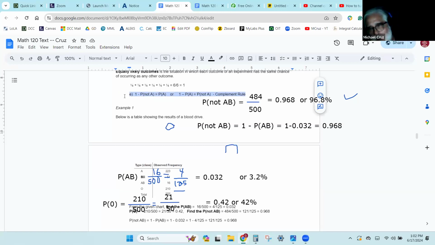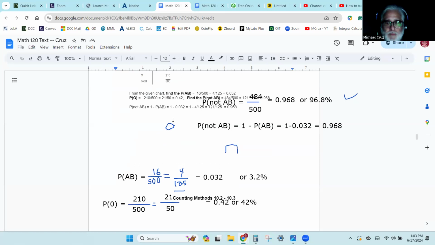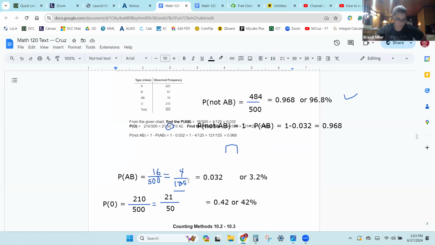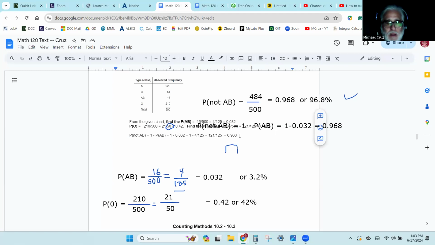But like I said, right here, it will sometimes be shorter because you may have a lot of numbers and it may be more trouble to add all of them up. Especially with this one, it was kind of a toss-up about which was faster, but we already had the AB calculated because that was the first one that we did. Rather than add all the ones that were not AB, we just subtracted from one the probability of AB, which was 16 over 500.